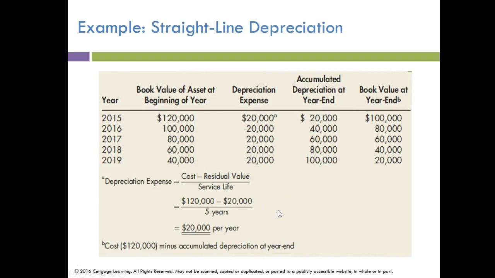So if we're going to use this straight line method based on time as opposed to service hours, we've got a $120,000 asset, and we need to make sure, again, that we don't depreciate that below the salvage value.